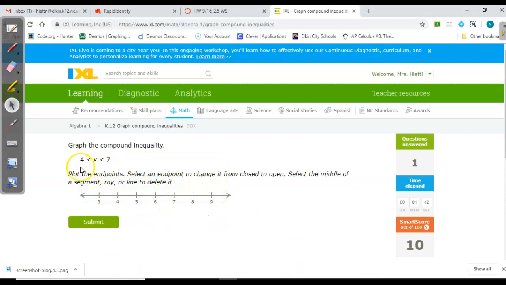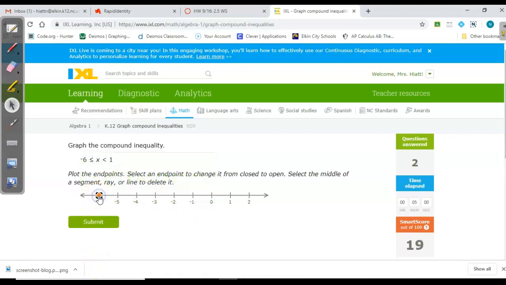Good job. This next one, these are less than signs, not less than or equal to, so I need open dots. In order to do that on iExcel, just click the dot one more time, and right here we can see we're shaded between 4 and 7, so that looks good.